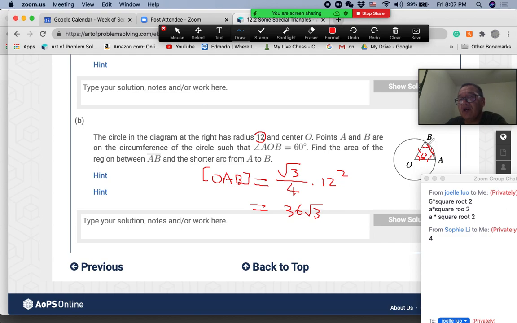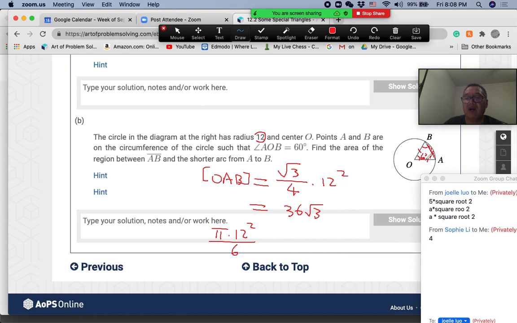Then to get the area of the shaded part, you need to calculate this sector OAB. This area is 1 over 6 of a full circle, because this is 60 degrees and a full circle is 360 degrees. A full circle's area is pi times radius squared, 12 squared, then divided by 6.